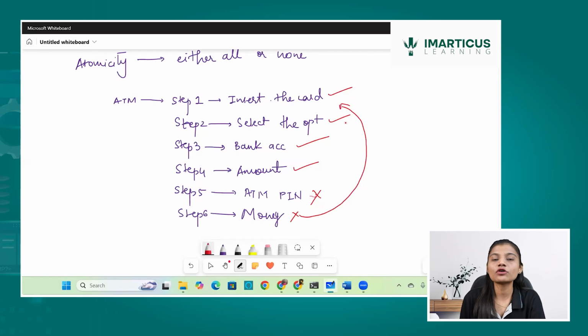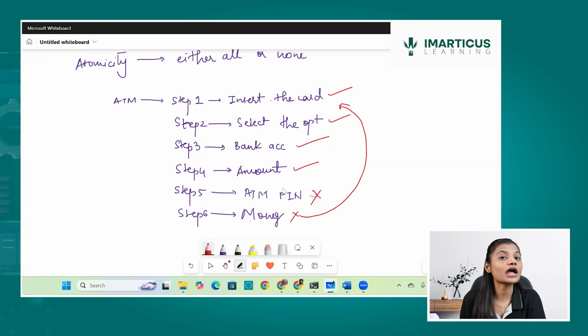So that is the meaning of what? Atomicity. Atomicity says either all, which means if all the steps are completed successfully, then your transaction is said to be a successful transaction. Either none. What is the meaning of none? Which means if any of the steps fails, the entire transaction is known as a failed transaction.